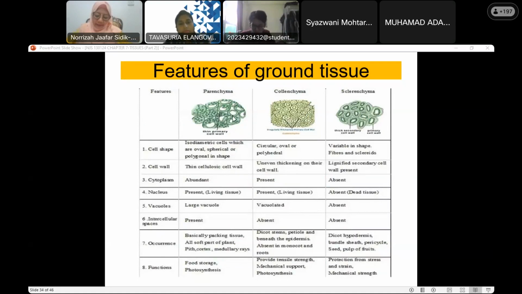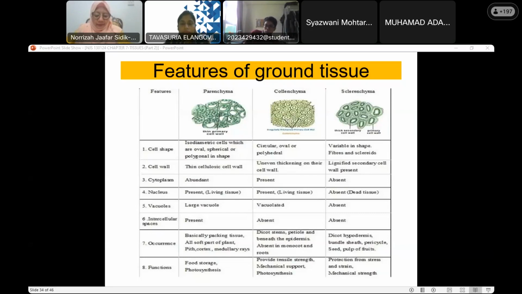Parenchyma, as I mentioned just now, is the most common type of ground tissue, and they have various specialized forms. They have a very thin primary cell wall.